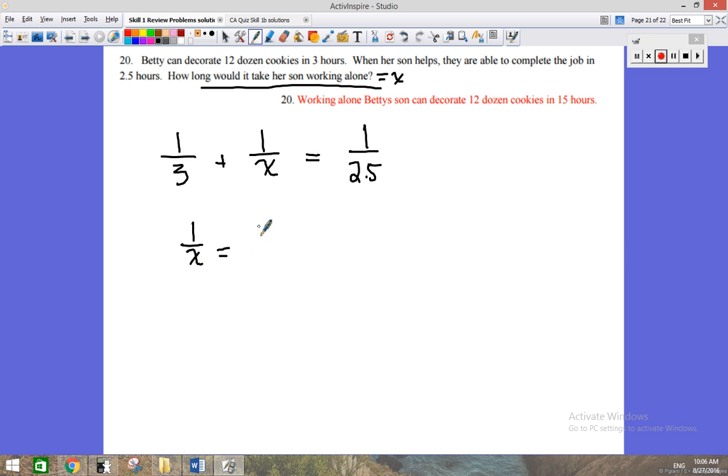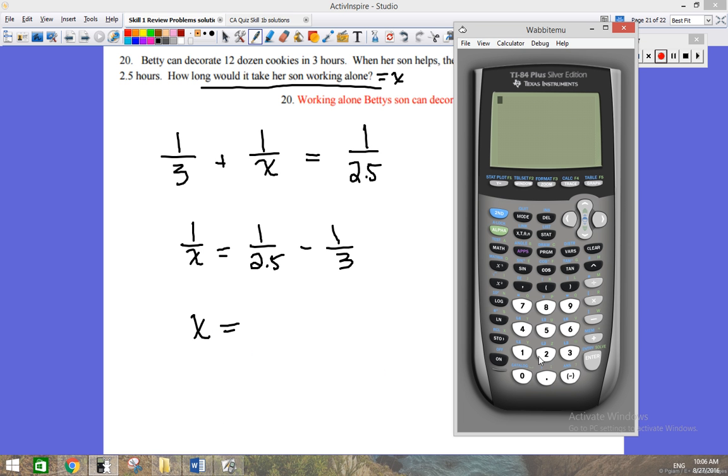So we can go to the calculator, and this is just a quick calculator exercise: if we take 1 divided by 2.5 minus 1 divided by 3, and then take the inverse of that, we've got 15.